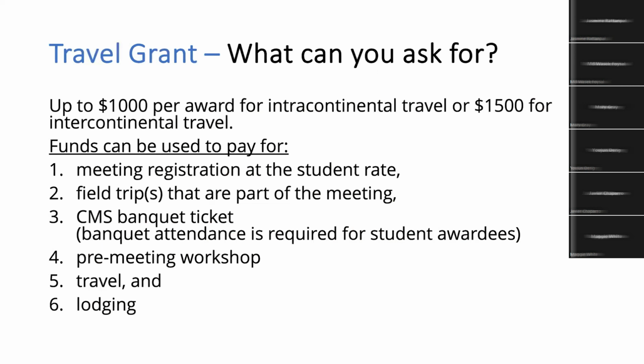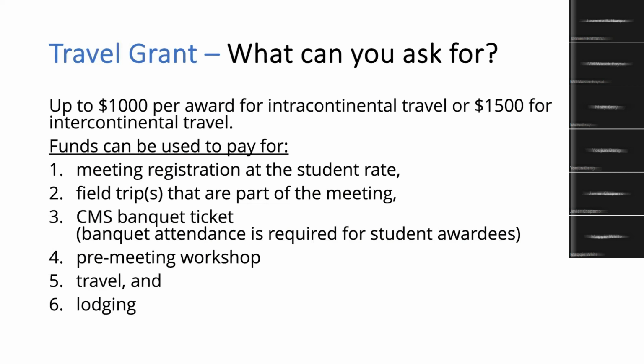What you can ask for is up to $1,000 per award for intracontinental travel, or $1,500 for intercontinental travel. What you can use that money for includes the meeting registration, which as a student, you'll have the student rate.